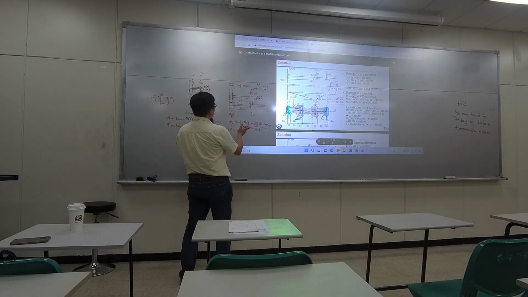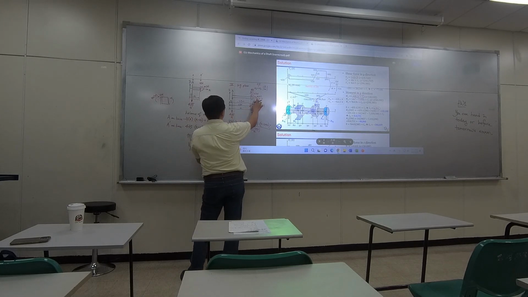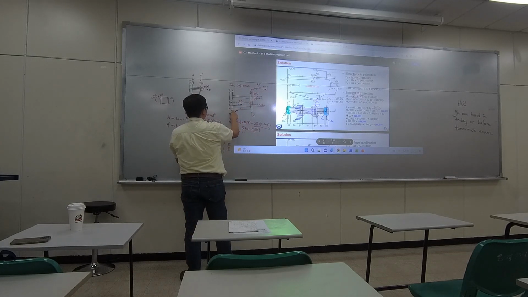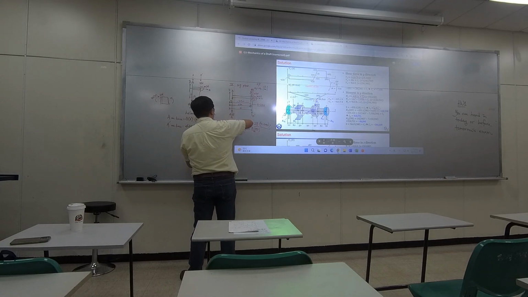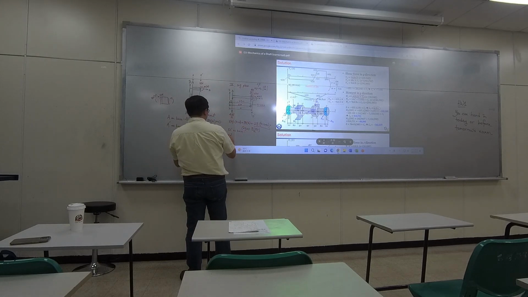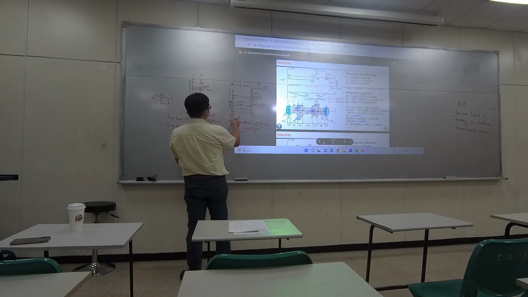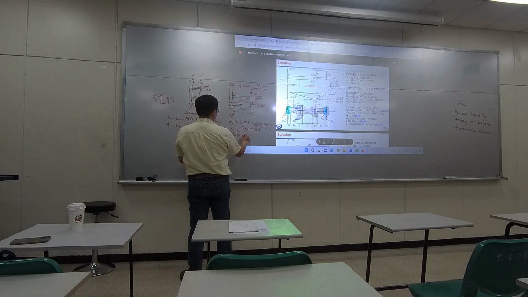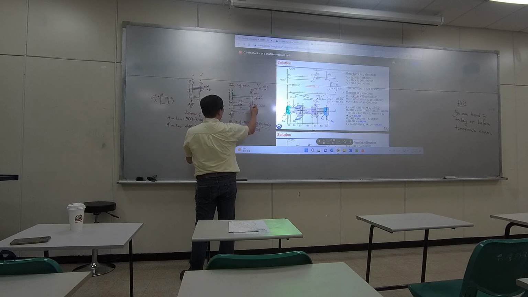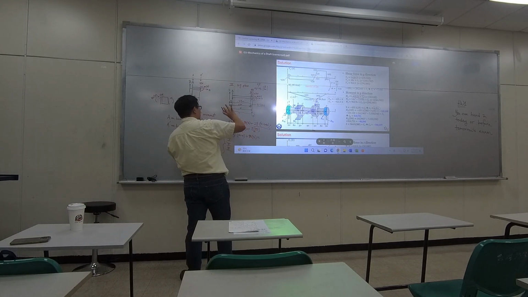So the only things that are making moment: this is counterclockwise, this is going to be clockwise. This will be counterclockwise. So let me do the counterclockwise first. 435 times this entire distance, that would be x minus 10, right? Plus the counterclockwise Mx equals to the clockwise.